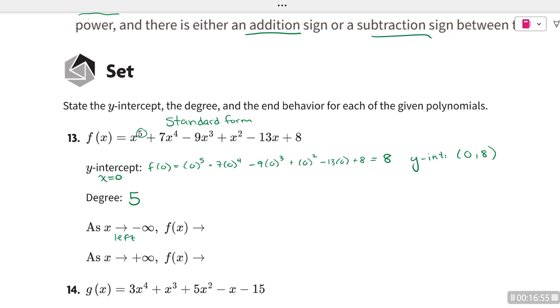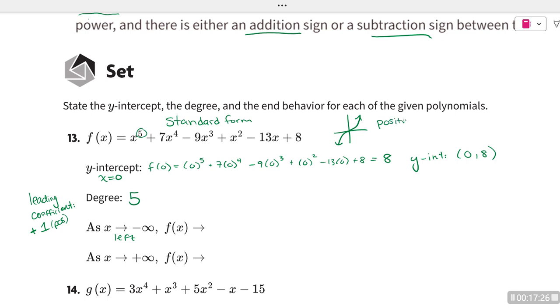Well, for this, we need to not just think of the degree, but also the leading coefficient. So our leading coefficient in this case is the number in front of x to the 5, which is just a positive 1. So if it's positive and odd, we're going to definitely have this type of end behavior.